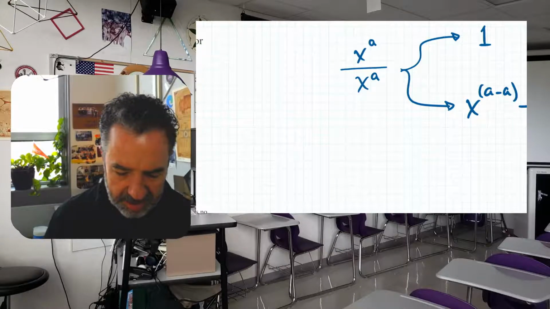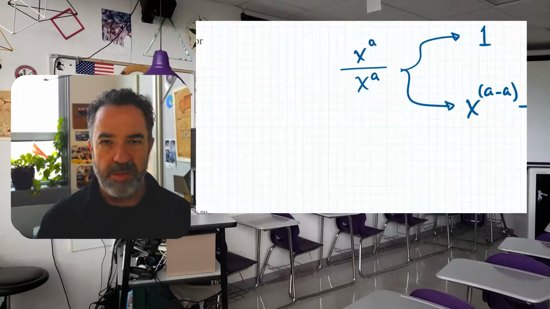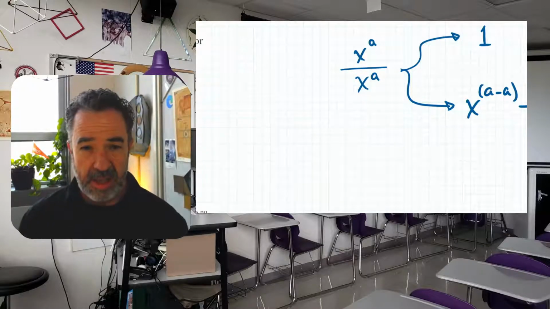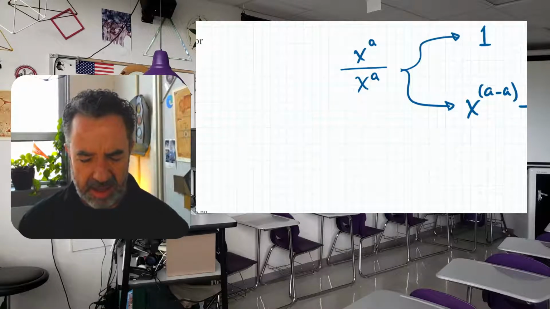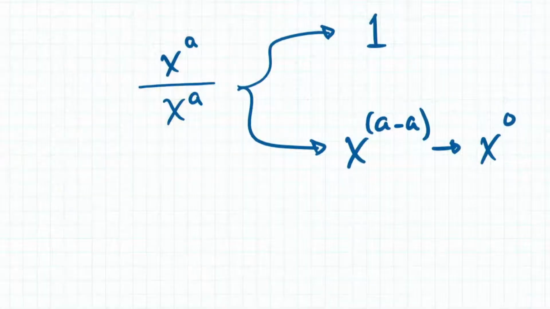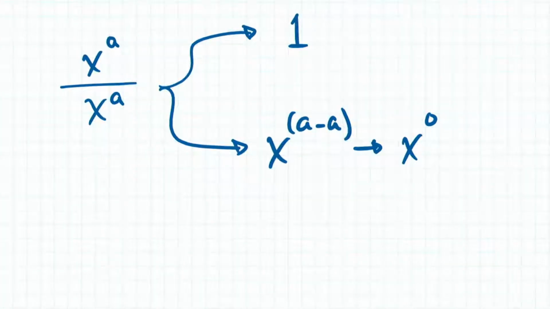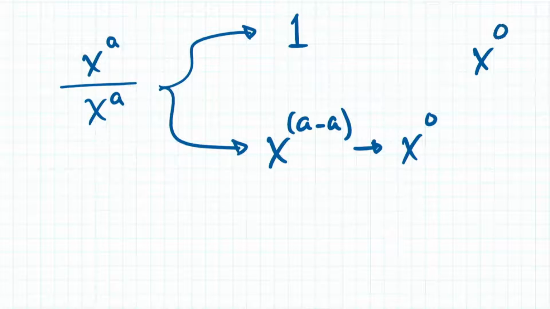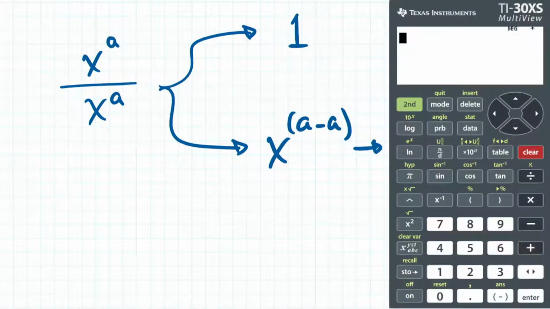Because both of these are equivalent to x to the a over x to the a, they have to be equivalent to each other. So our summary was that it doesn't matter what value of x you have, with one notable exception: if you raise that x to the power of 0, you're going to get a value of 1. And you can see a lot of examples of that using our TI calculator.